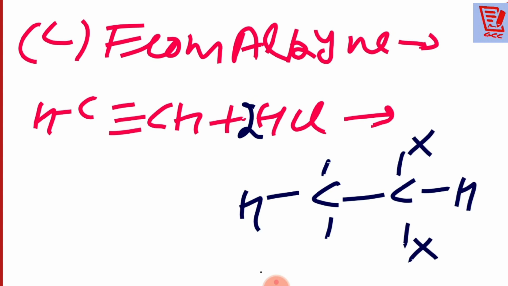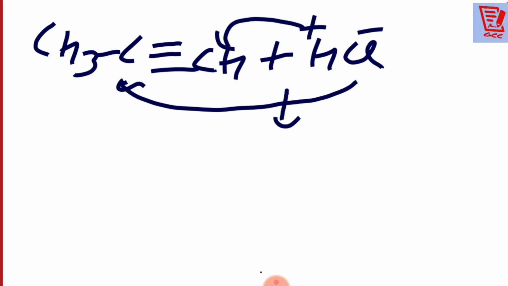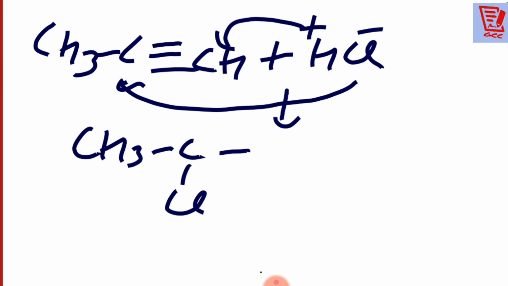It becomes haloalkanes. Same way, if there is an unsymmetrical alkyne, suppose I am writing CH3 C≡CH plus HCl. Then first of all, what will form here? H positive, Cl negative. Markovnikov rule. H will come here, Cl will come here, CH3 CCl=CH2.